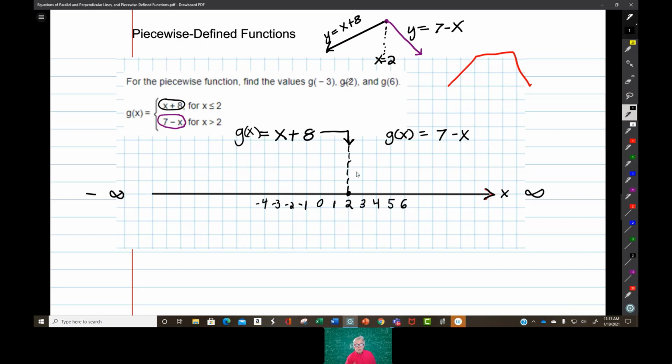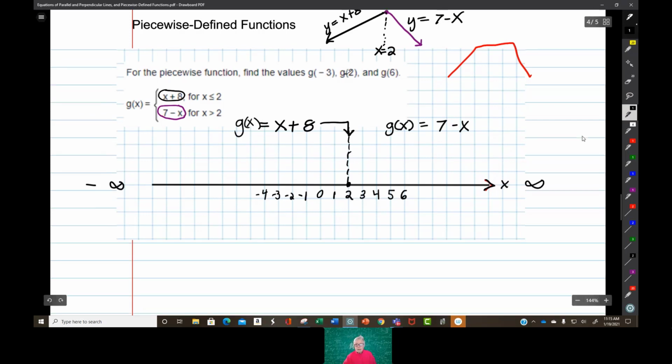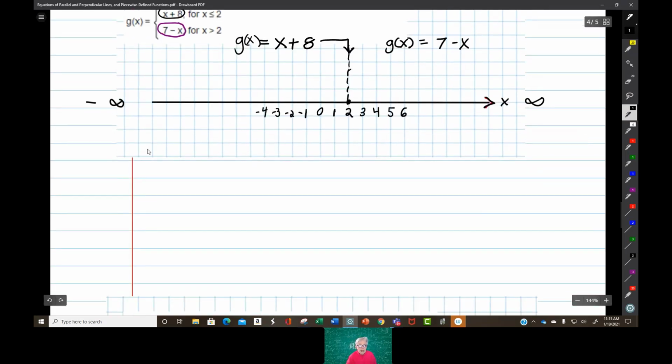So now, here's what we're being asked to find. We're being asked to find g of -3, g of 2, and g of 6.